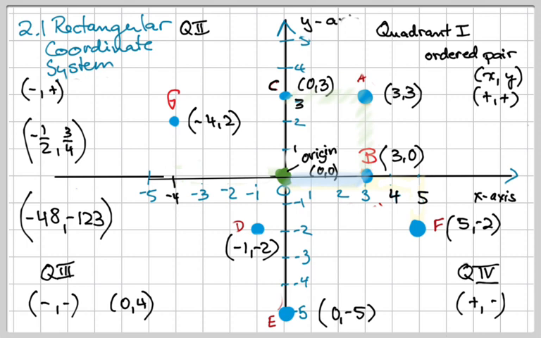I hear x-axis or I hear y-axis. Chloe said y-axis. 0, 4 is actually right above the 0, 3. So here that red dot is the point 0, 4, and that would be on the y-axis. It's not located in a quadrant. It's located on the y-axis.